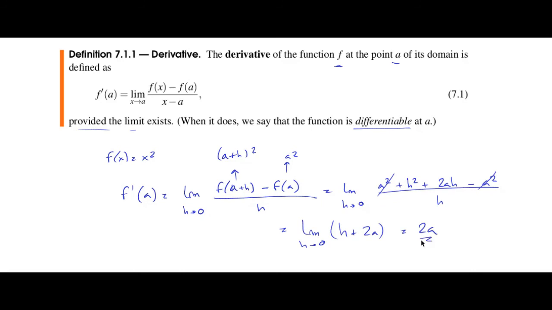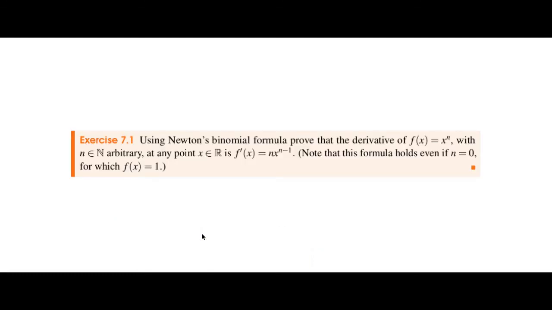Now because this is true for every a, we can rewrite this as: the derivative of x squared at x is 2x, as you will probably know. An exercise for you is to derive the derivative of f of x equals x to the n, where n is a natural number. Derive that f prime is n times x to the n minus 1 using Newton's binomial formula.